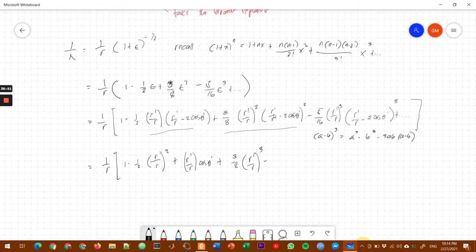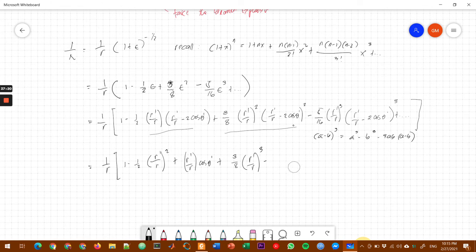That would be R prime squared minus times 2 R prime over R times 2 and so on. Okay? So diretso na ko ha. This is 3 half R prime over R to the 4. Ah, sayop.